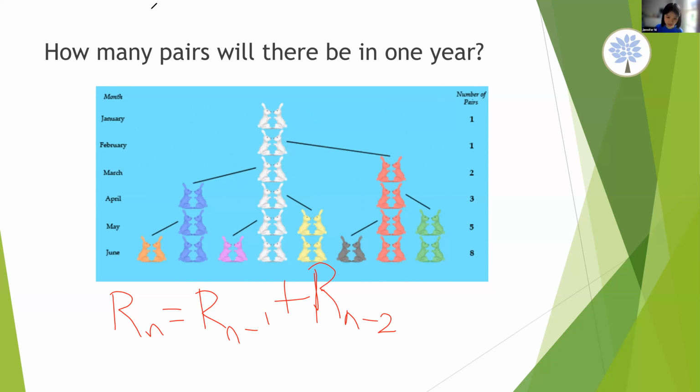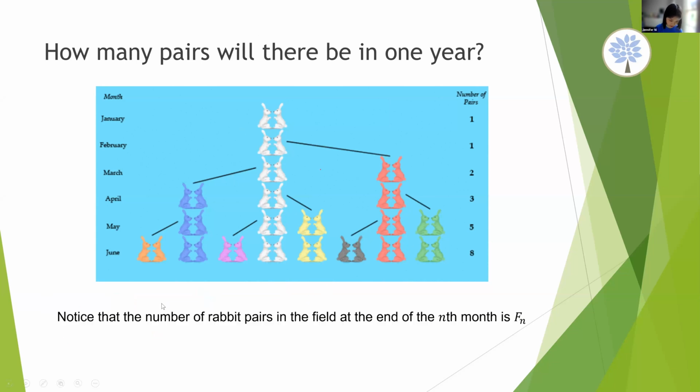And since this holds where n is 1 and n is 2, it works for all natural numbers. And it can now be calculated that in a year, there would be F12, or 144 pairs, on the field.